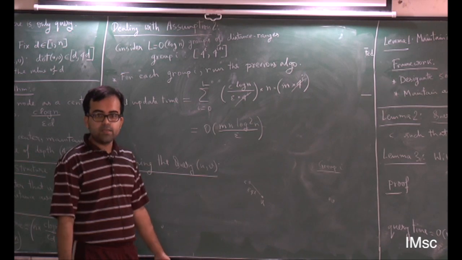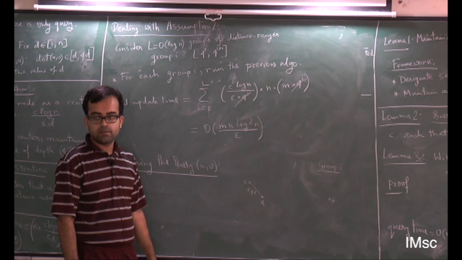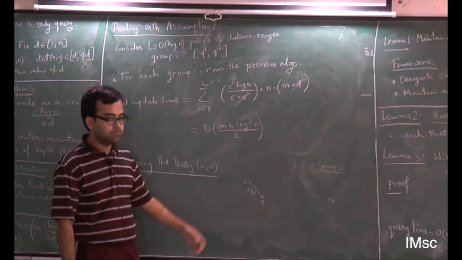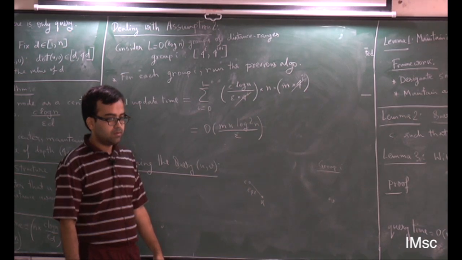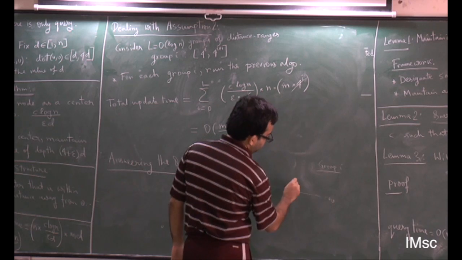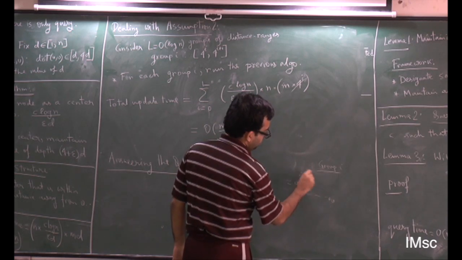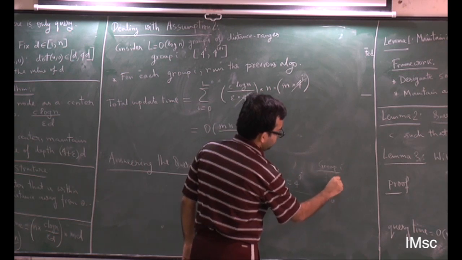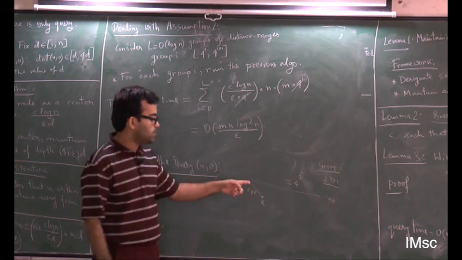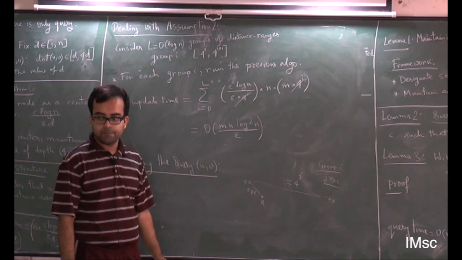If V is not in the Even-Shiloach tree of C, what will you conclude? That we must go to a higher group, right, because maybe this distance is basically roughly of the order of 4 to the power j, where j is much greater than I. Then of course you won't find V to be in the Even-Shiloach tree of C. Okay.